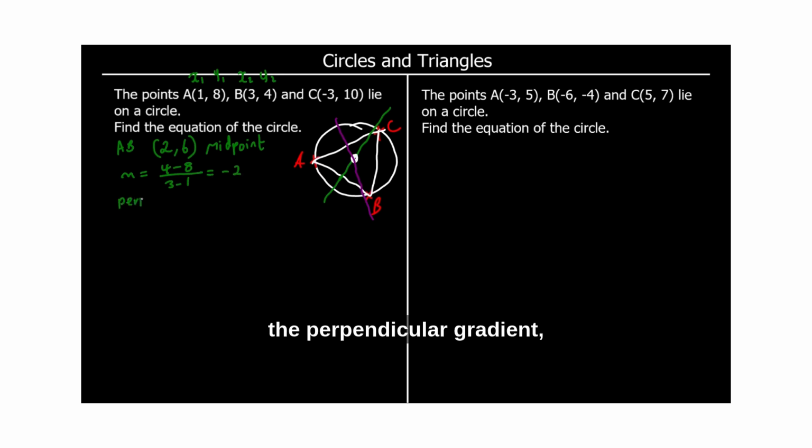So the perpendicular gradient, the negative reciprocal of negative 2, is 1/2. So the equation of the green line, the perpendicular bisector of AB, is m times x minus x1, which is 2, using the midpoint, equals y minus y1, y minus 6. I'll leave it as that for now.